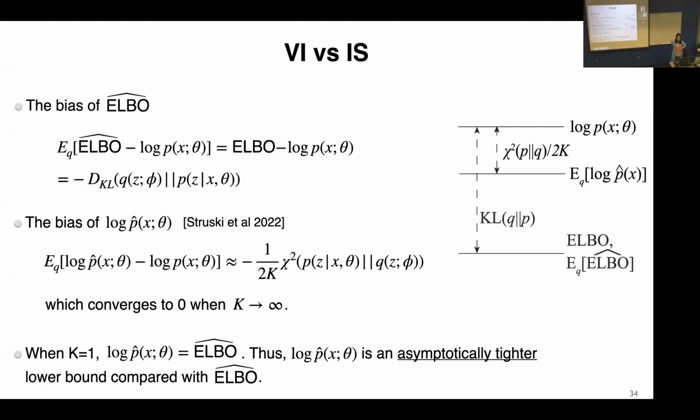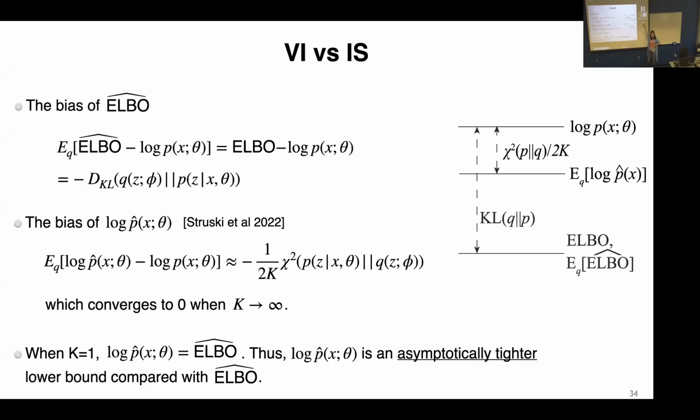Question? Would the tightness also depend on the number of samples K? Yeah, as mentioned, when K is equal to 1, I'm going to show that in the next slide with some simulation results, this bound is exactly the same as this bound. But when K increases, ELBO hat will converge to ELBO, and log p hat will converge to log p.